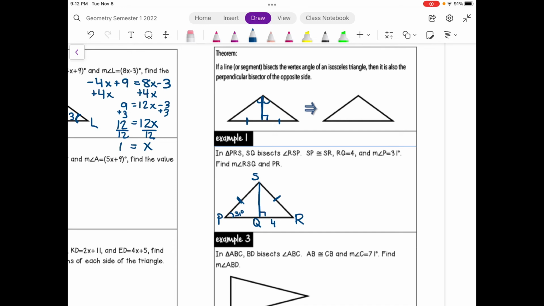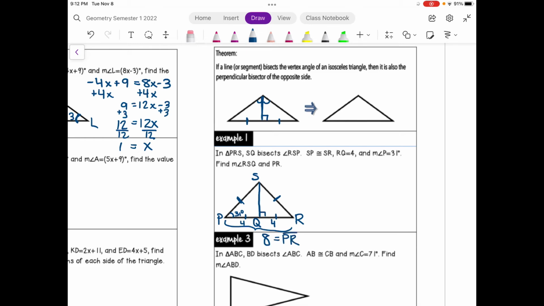We want to find RSQ and we're going to find PR. Well, PR is pretty easy. If we know this is 4, this must also be 4 because to bisect that means to cut it in half. And 4 plus 4 is 8. So the length of PR is 8.